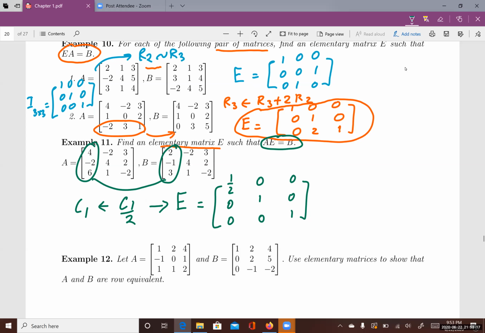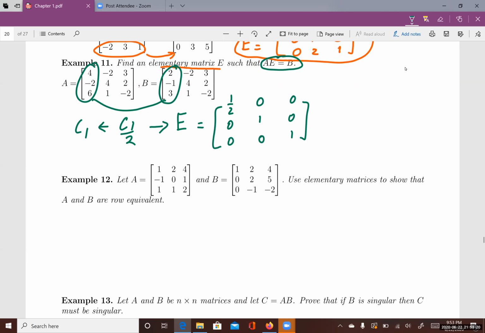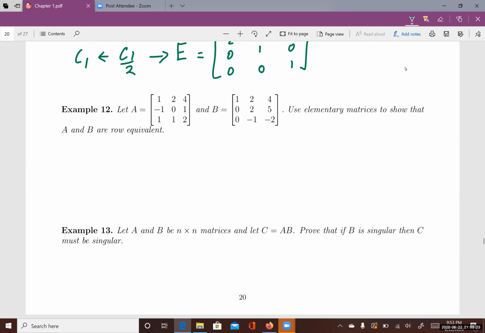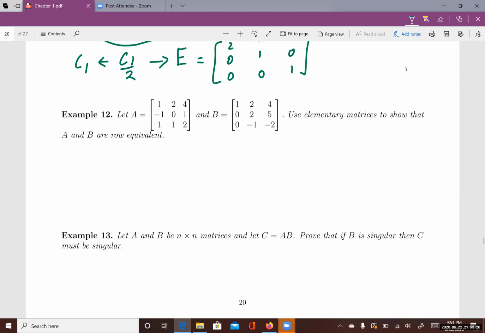All right, well, let's look at example number 12. Let A be this matrix and B be this matrix. Use elementary matrices to show that A and B are row equivalent. So by the definition, in order to show that A and B are row equivalent, you need to find a finite sequence of E1, E2 to Ek, right?